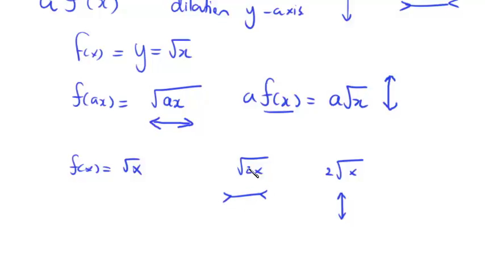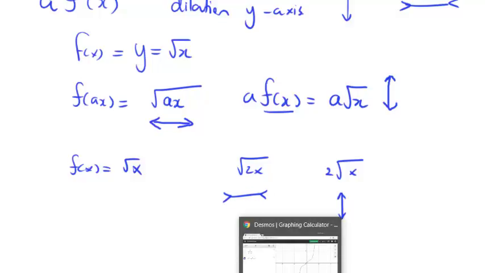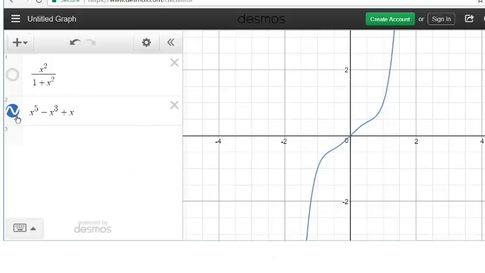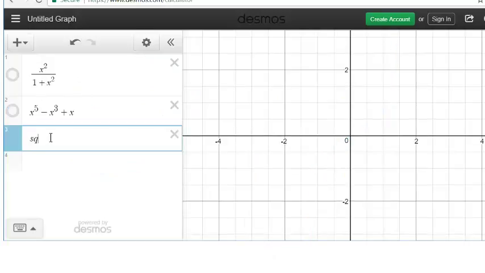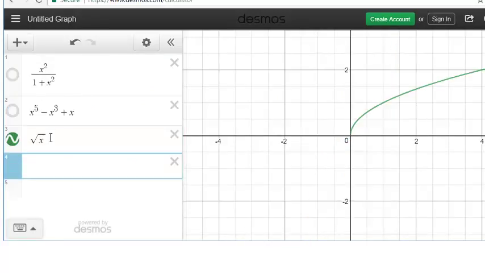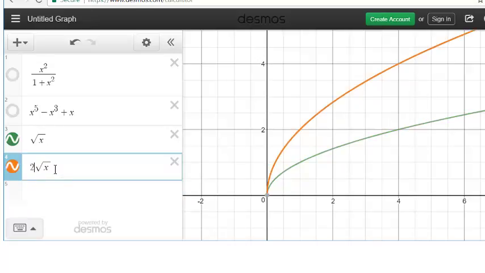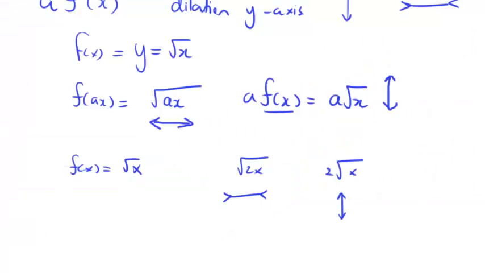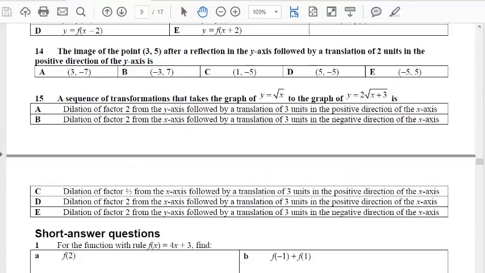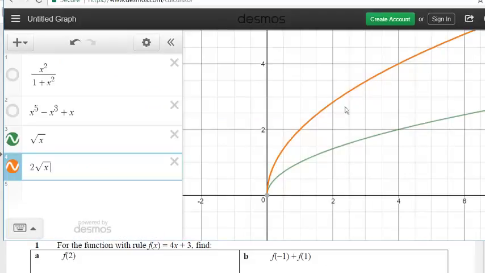So I'll show you that. Let's go to this graph and type square root of x. That's like that, as expected. Now I'm going to draw square root of x multiplied by 2. This is 2 times root of x, so it's a stretch along the y-axis. You can see that it became stretched vertically upward.